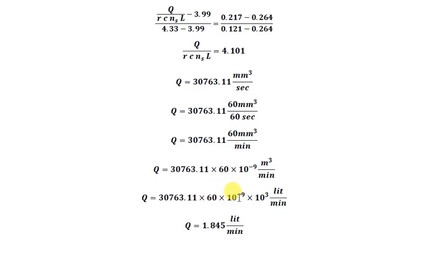So 60 into 10 raised to minus 9 into 10 raised to 3 is the conversion factor for mm cube per second to liter per minute. So we will get Q is equal to 1.845 liter per minute. Very easy.